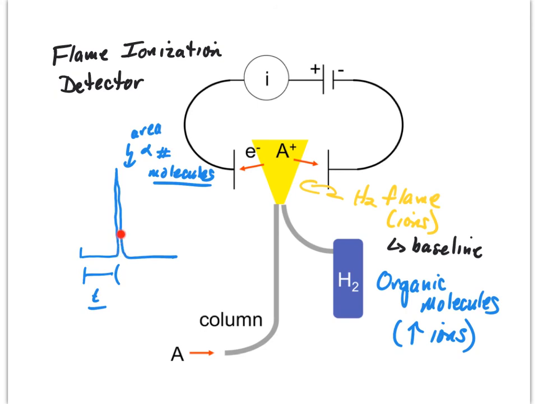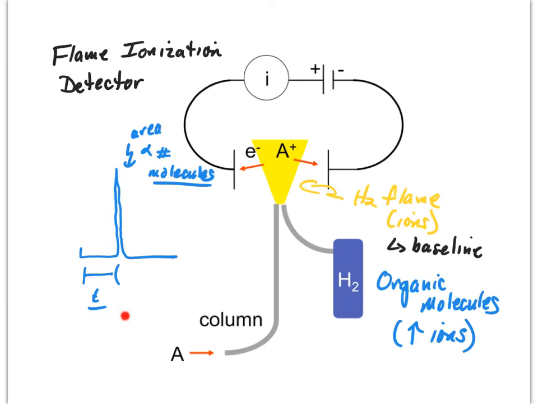Okay? So we can get a quantitative measurement. And we can use the characteristic time. So it's a combination of time characteristics for the molecule to come out and the area that we can measure for each molecule. Okay?